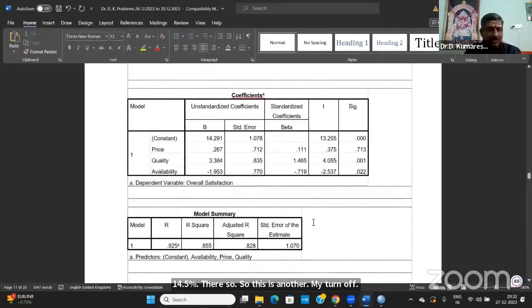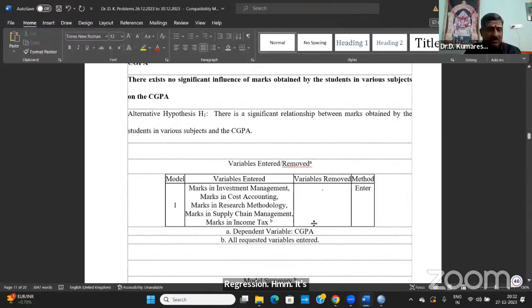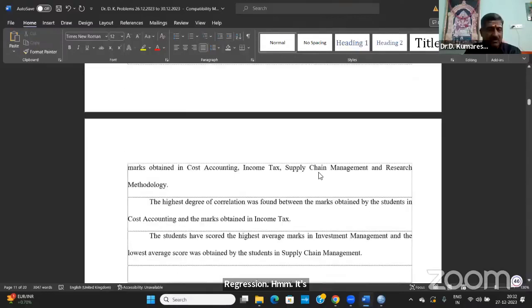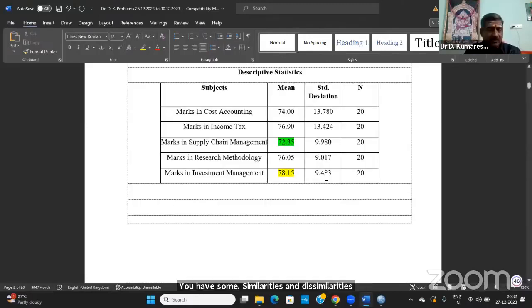So now let us have a recap. Regression is a forecasting tool. It has some similarities and dissimilarities with correlation. What are the similarities? Both are used to measure the relationship between two or more variables.